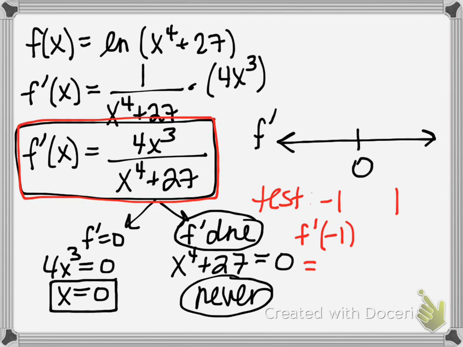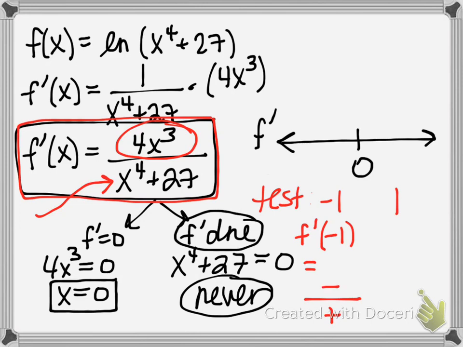In fact, this one's not too bad because if you just think about the division, the denominator here is always positive. So looking at this in fraction form, we're always going to have a positive number in the denominator. So we really only have to analyze the numerator, the 4x cubed. If we substitute a negative number into 4x cubed, we're cubing a negative number, that result is definitely going to stay negative.